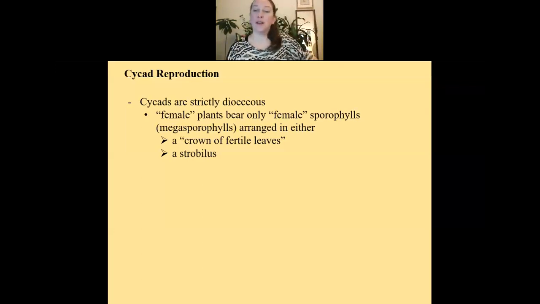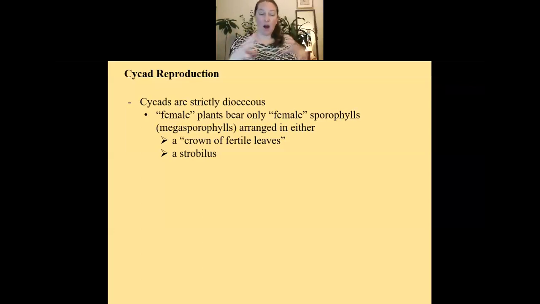Okay, so last class we talked about the Cycads. We'll recap here just a little bit. Cycads are strictly dioecious, right? There's male plants and there's female plants. The female plants always have their megasporangium in an ovule.